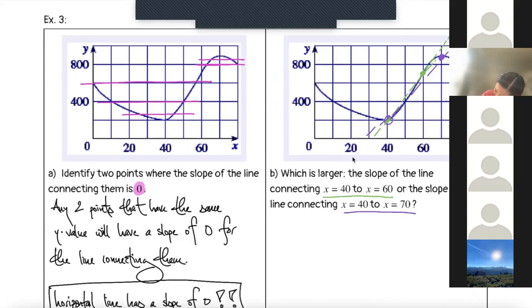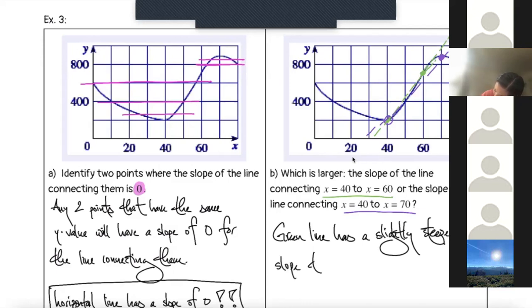So we can say that the green line has a slightly steeper slope than the purple line.